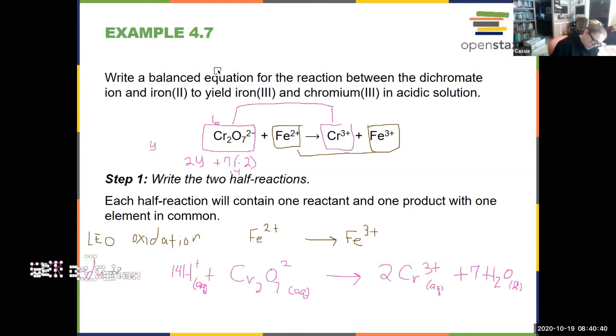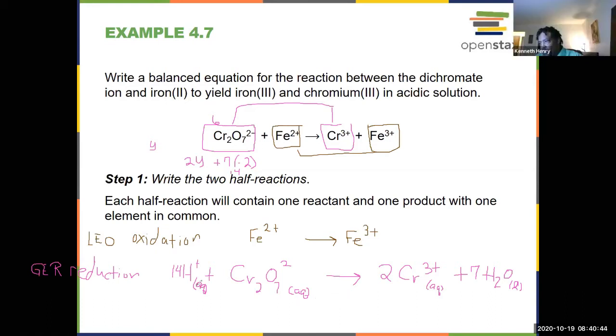So now that I got 14 H pluses, let's make sure that our equation is looking balanced. So we have 14 H on one side, 14 H on the other side. Chromium, we have 2 on the reactant side and 2 on the product side.